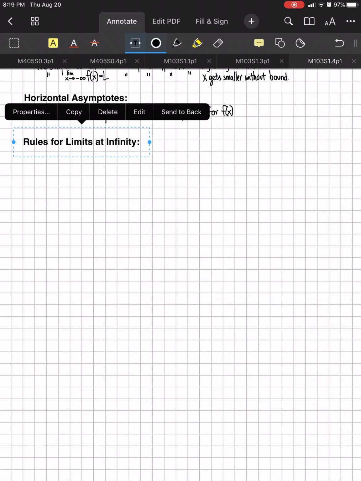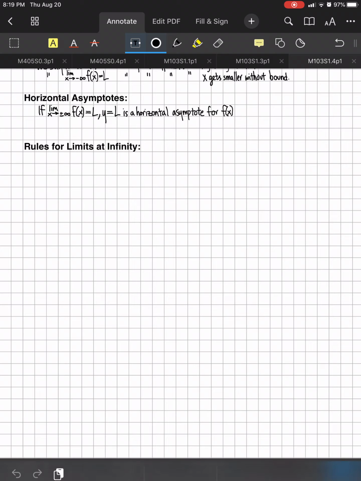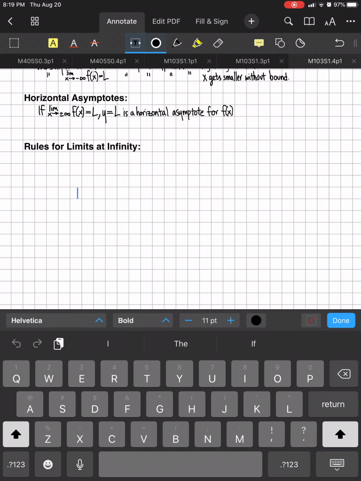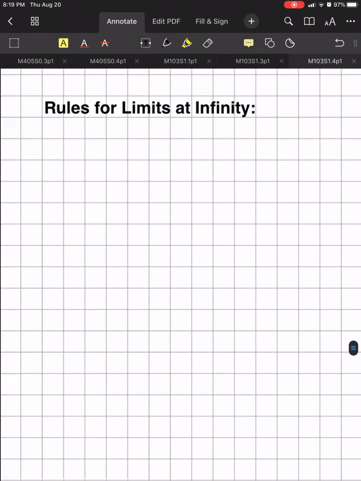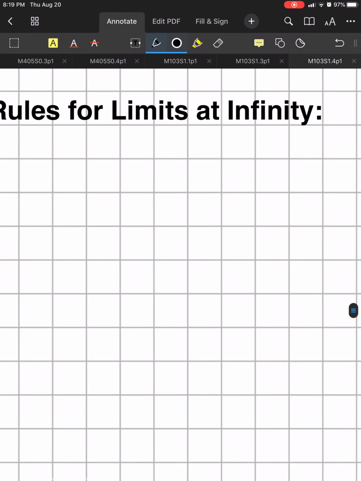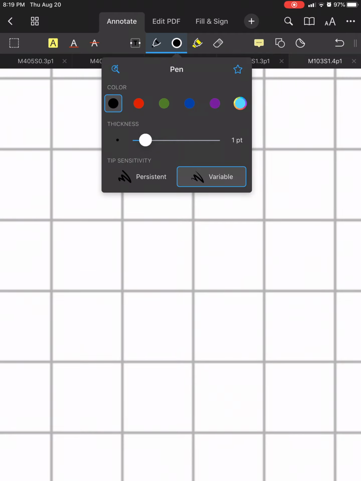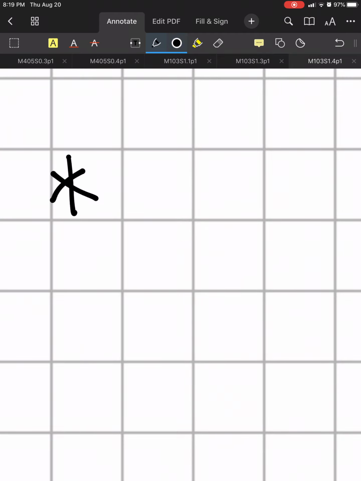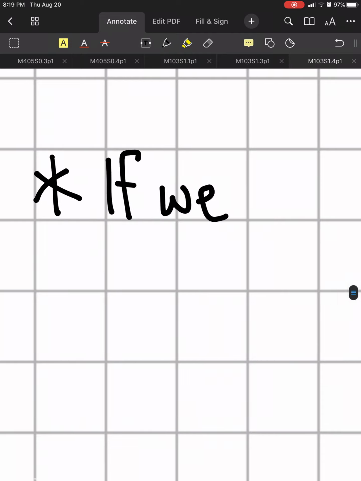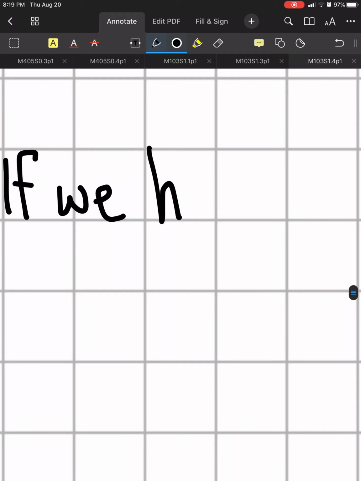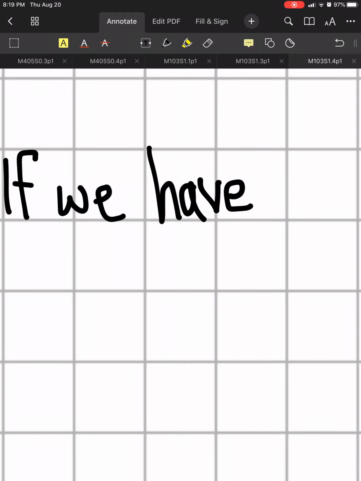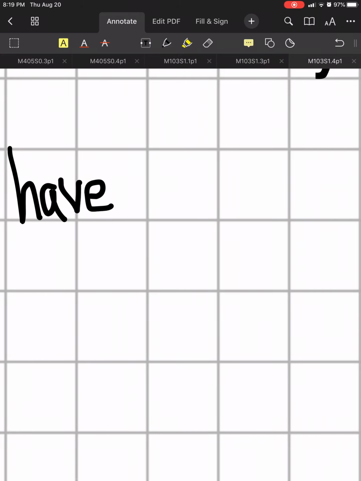There we go. So let's talk about our rules for limits at infinity. Essentially, we're interested in a couple of different kinds of functions. Mainly here, you can actually get more complicated functions than this and answer questions about limits at infinity, but this is where we're going to sort of stop.